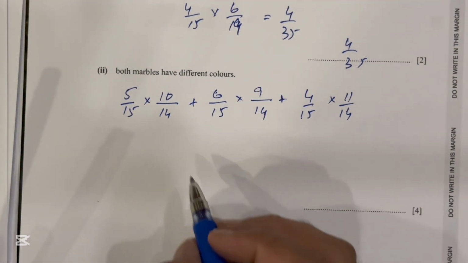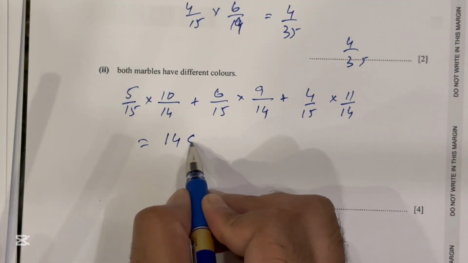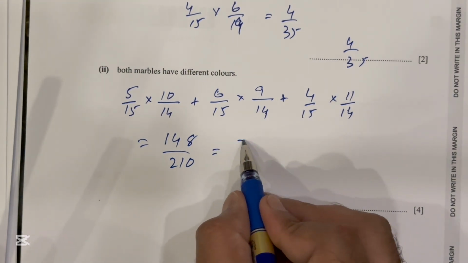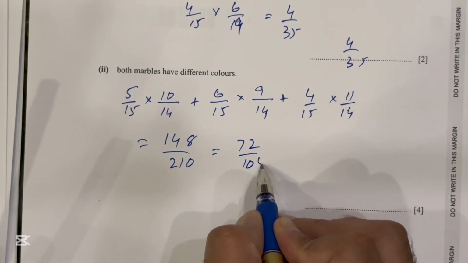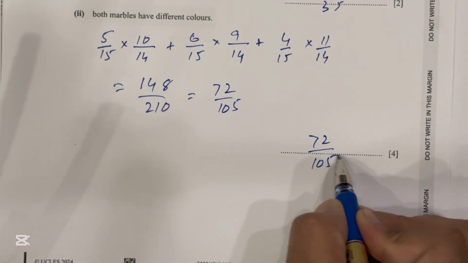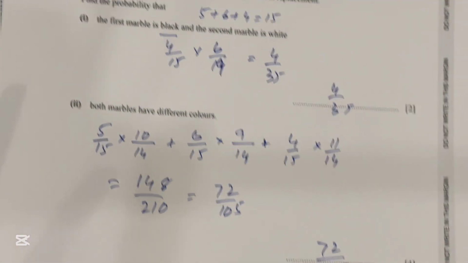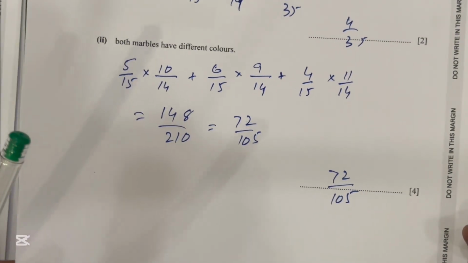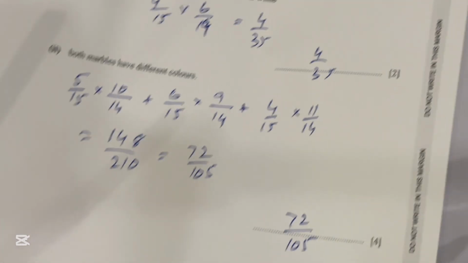After solving it, you get the answer, that is equal to 148 over 210. That would be simplified to 72 over 105. So this would be our answer. I have tried to do this question in a simplified way. The examiner has given 3 options to solve this question.